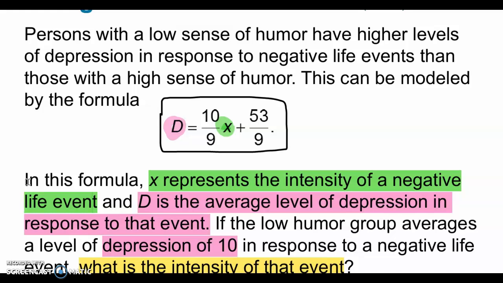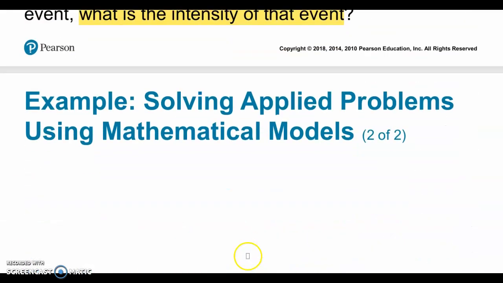So I'm going to use my blank page at the end, and in place of D, I'm going to put 10 into the formula. And then I will put 10 equals 9x plus 53 over 9.